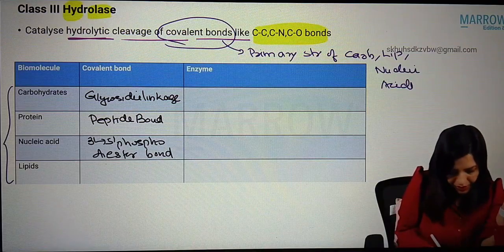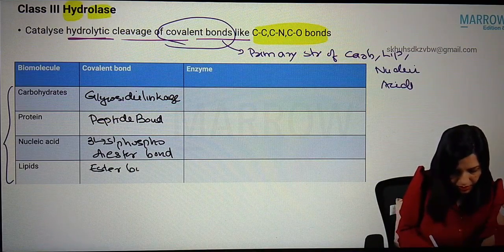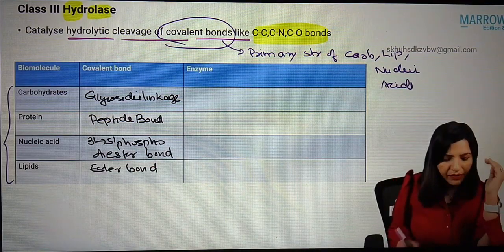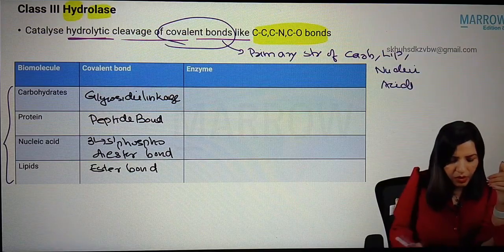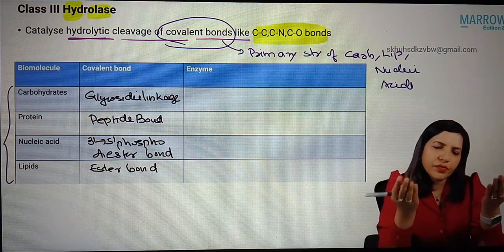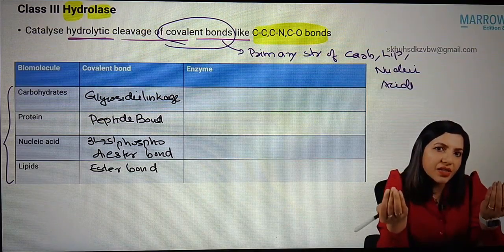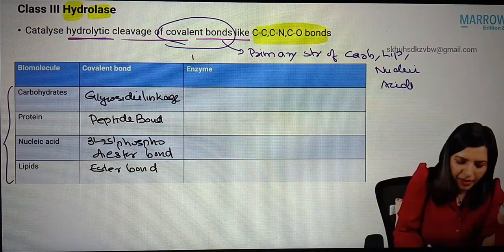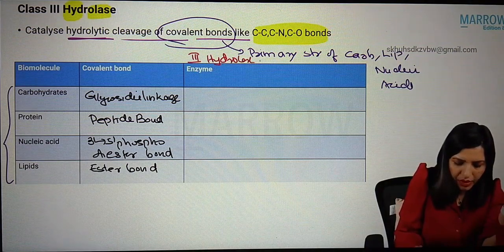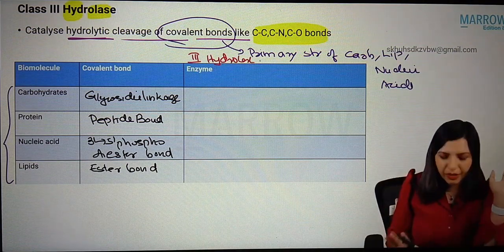What about lipids? It is an ester bond. Okay, so these are all covalent bonds. Now, when we are adding a water and breaking this molecule, the enzyme that does this will be coming under which class? Class 3. Class 3 is hydrolase.